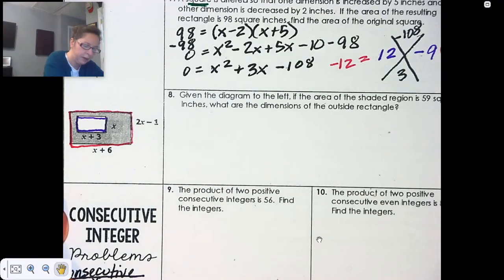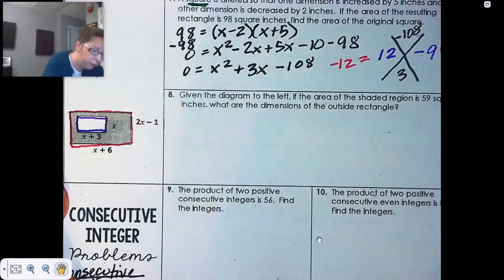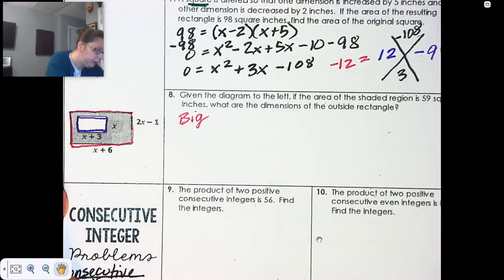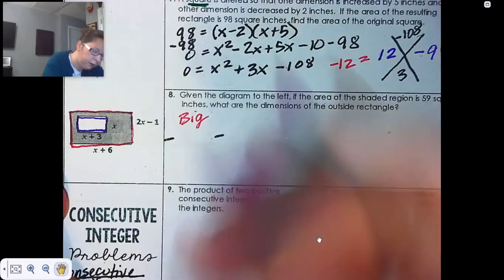So let's go ahead and set this up. I'm going to find the outside region first. That is going to be, and remember, it's going to be big minus little. So big minus little.